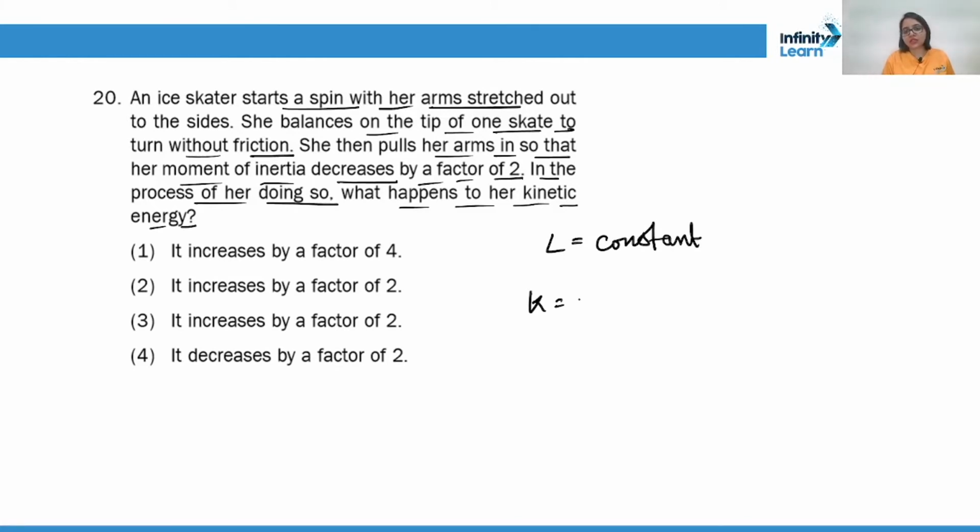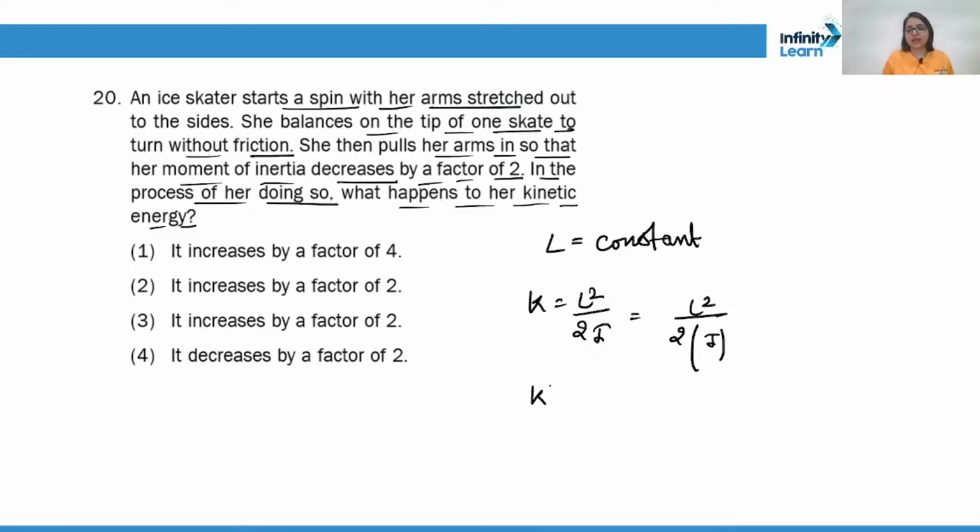So kinetic energy is L square upon 2I. If L is constant, that means I is changing. In order to change the kinetic energy, I will change because of the change in distribution of mass about the axis of rotation. I will change, right? So it is L square upon 2I.